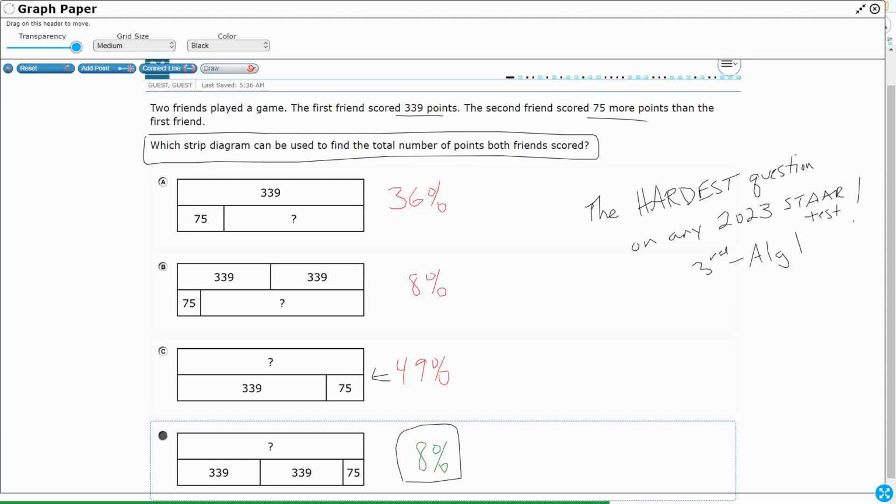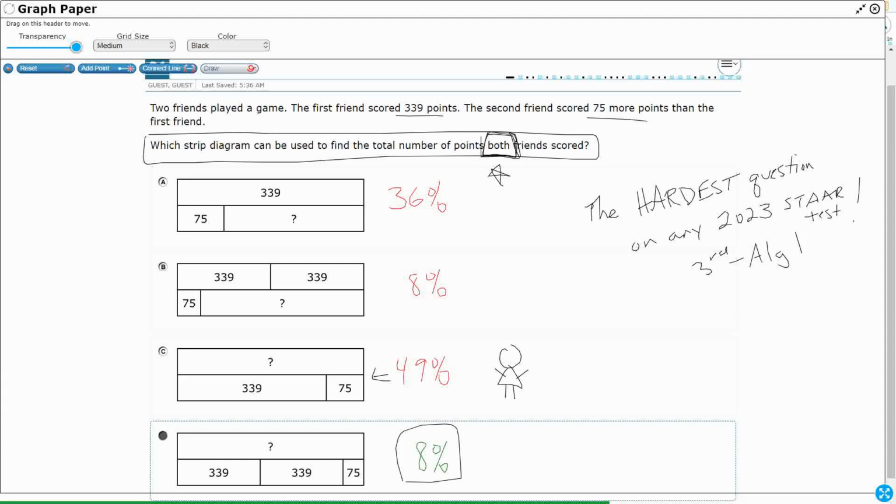So this is just that this one friend in our representation, right? It was the second friend, the girl, that got the 75 more. So they completely missed the total number of both friends. They added that word right there, both, and that's kind of the key word. Both friends, not just the second friend, both friends.